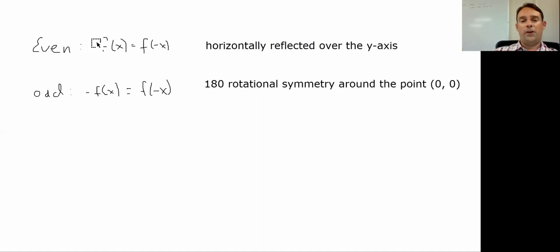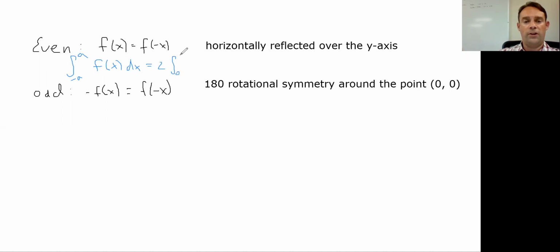Well, it turns out there's some special little things that come up with integrals and these even and odd functions. First up, if they're even on some closed domain, so let's take an even function, turns out you don't have to evaluate the entire thing.